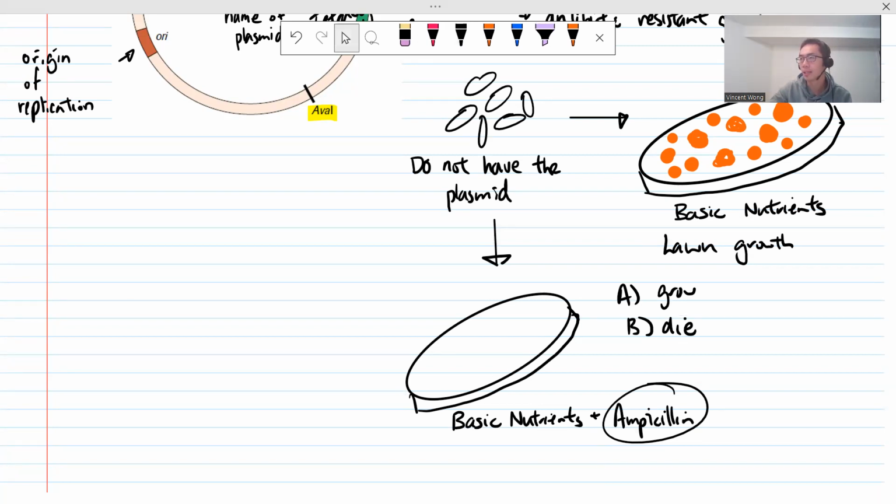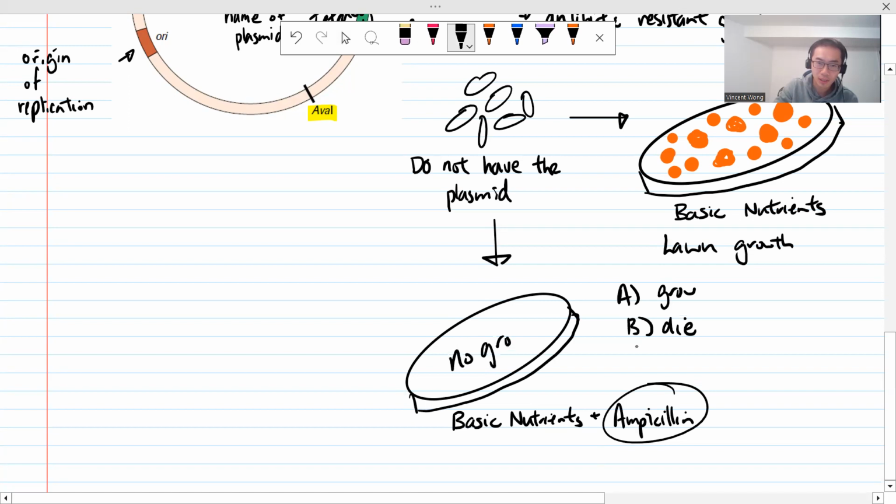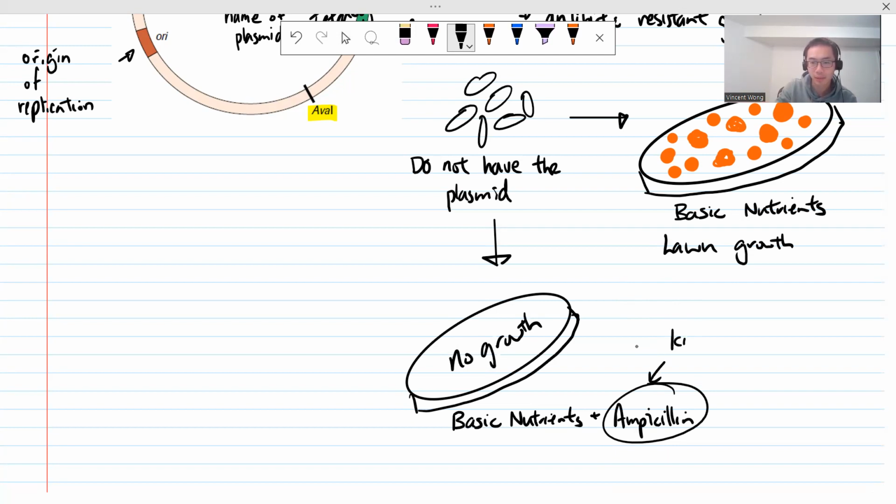Only a few of you have made a choice. That's okay. So they will die. No growth. Why? Because the ampicillin will kill them all, right? Ampicillin will kill the bacteria.